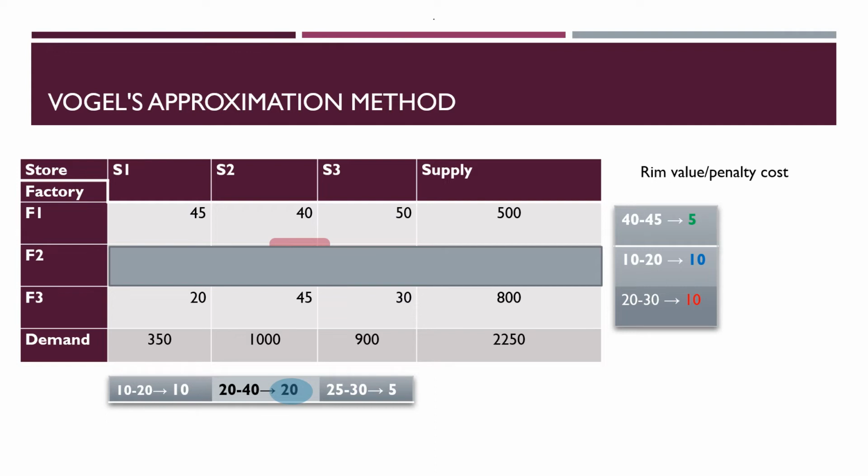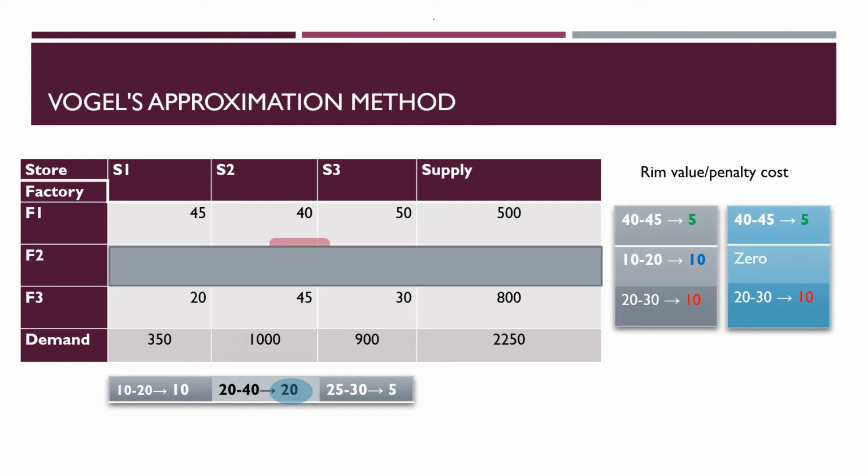Then we are going to find the next penalty cost. Here we are going to calculate the next one. In the first row, the difference between the lowest two costs is 5, and F2 is satisfied, therefore we cannot see any penalty cost there because we cannot allocate anymore.